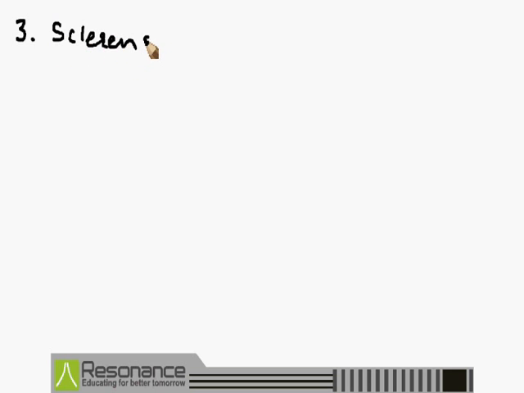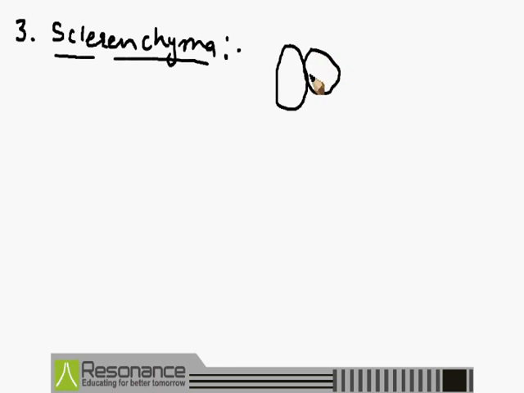Now, third one is the sclerenchyma. Sclerenchyma is another simple permanent tissue. It has deposition of lignin in its cells. Sclerenchymatous cells have deposition of lignin and cellulose on their cell walls, so the intercellular space is completely absent, and the cell lumen, meaning the space present inside the cell, becomes reduced and the cell wall becomes very thick.